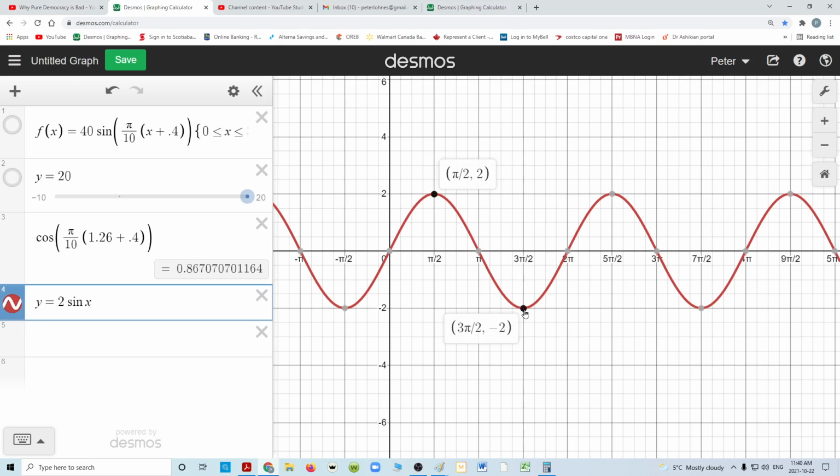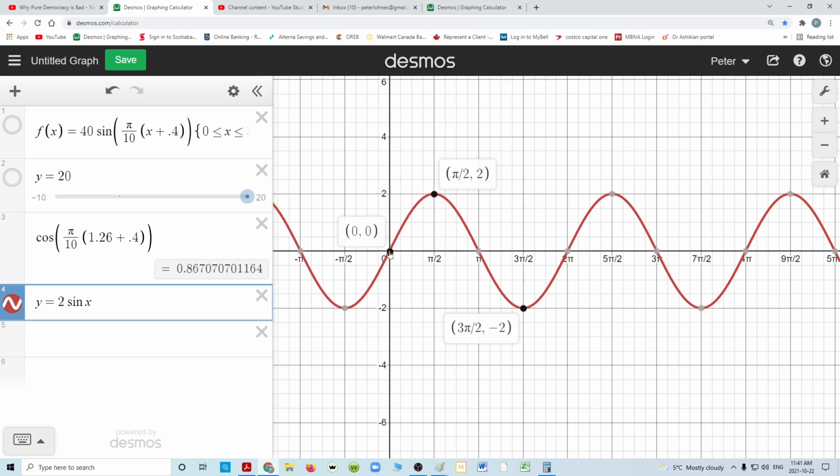Now that doesn't mean if you punch pi over 2 in your calculator, you'll get 2. You'll still get 1, but then you have to multiply it by this 2 over here, and you will get 2. It's very important that your calculator will only give results between -1 and 1 for sine results and cosine results. The transformations here are applied afterwards. Just like transformations of any other function, you would multiply your result by this 2 afterwards.